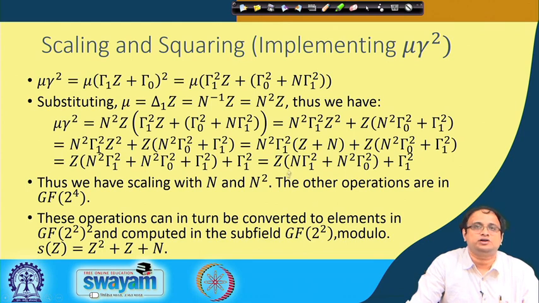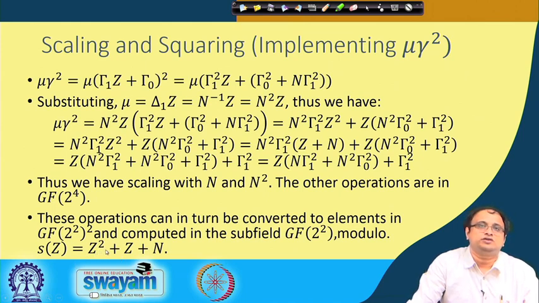So, these operations are in GF 2 power of 4 because you have now successfully decomposed a GF 2 power of 8 operation into GF 2 power of 4. Therefore, these operations, that is the scaling and the addition, all of them take place in GF 2 power of 4, but you can also equivalently write GF 2 power of 4 isomorphically in this field GF 2 power of 2 whole power of 2, and therefore you can compute in the subfield GF 2 power of 2 modulo again S z, which is equal to z squared plus z plus n.